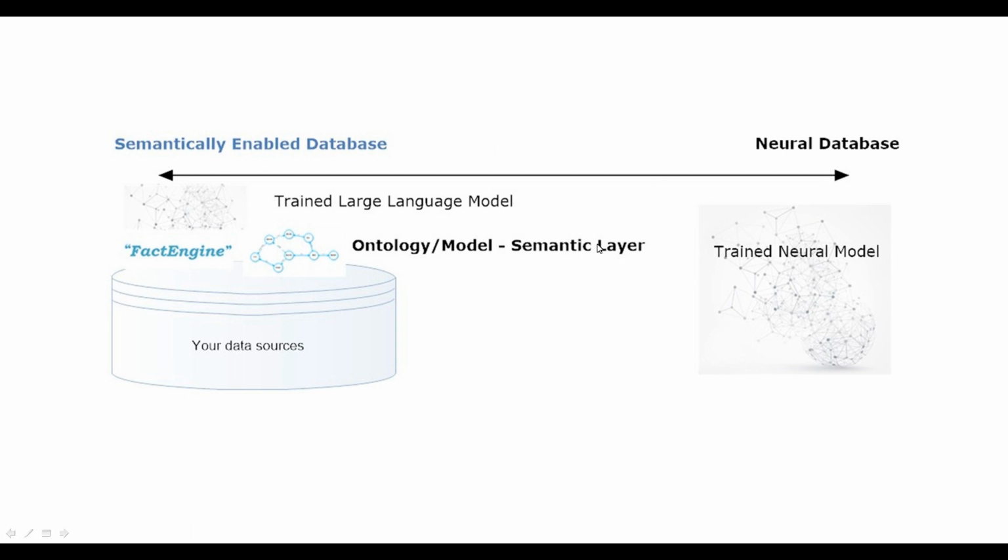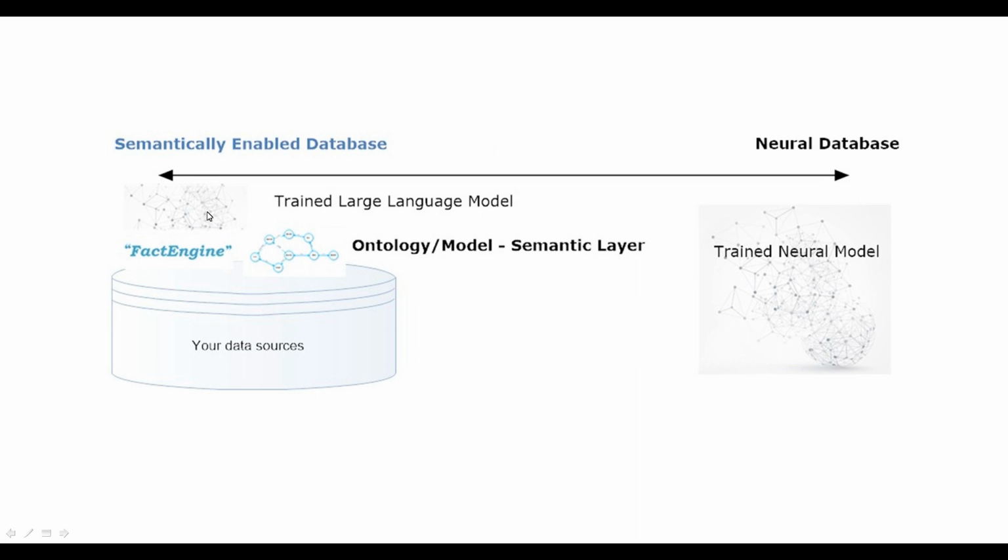Possibly not. Somewhere in the middle here we've got vector databases, and they use vector embeddings of the meaning of various sentences and things like that, typically used for unstructured data. And what we're finding is that FactEngine is much better suited for structured data or unstructured data, where you take unstructured data and put it into some sort of structure to query it.